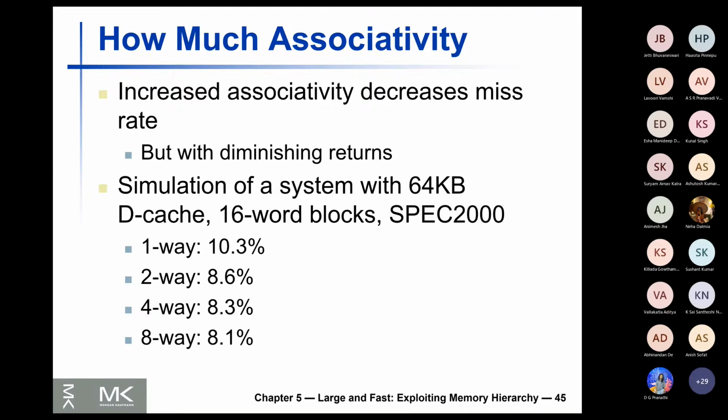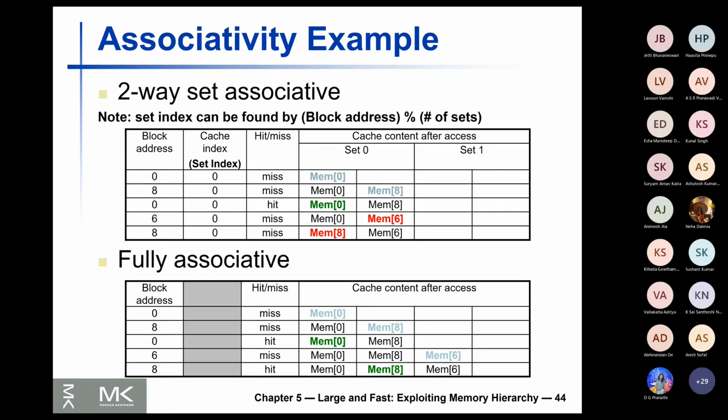Well, up to say 4-way set associative, the hit miss ratio decreases, but beyond that there is kind of an Amdahl's law type of law of diminishing returns, where it becomes more and more difficult to implement the cache, but at the same time you do not get sufficient improvement in the miss ratio, so it's not worth it. Actually, some examples were given where we found that fully associative cache actually is the best option.